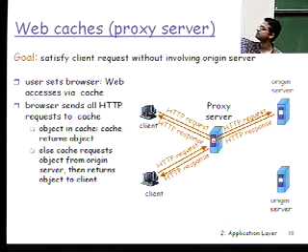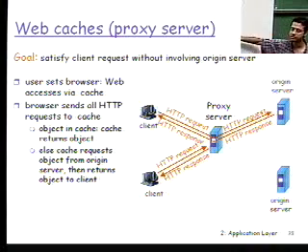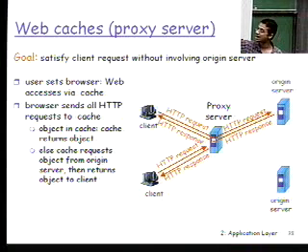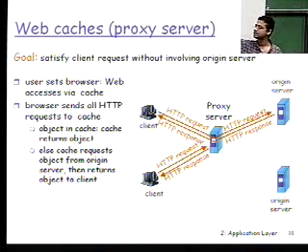Now, if this proxy server has that web page, it will immediately send you the response back. If it does not contain a copy of the web page, then it will go out to cnn.com. It will act as a web client. It will send a request, get the response, and then transmit it back.